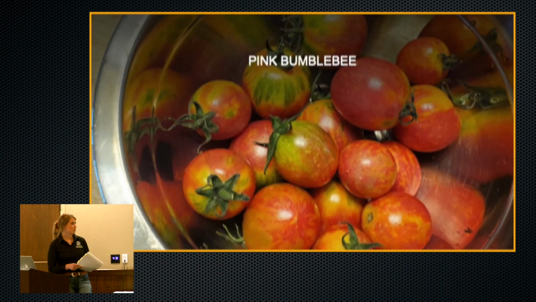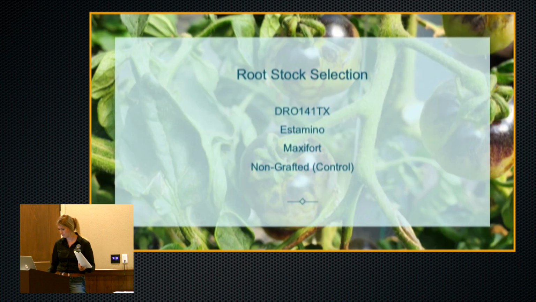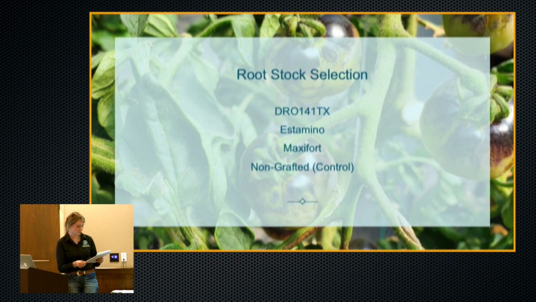And then we also had pink bumblebee, and they have striped skin with pinks, yellows, and oranges, and they will yield fruit of less than 1 ounce. And then the rootstocks within this study were the DRO141TX, the Estamino, the Maxifort, and then we had the non-grafted control.